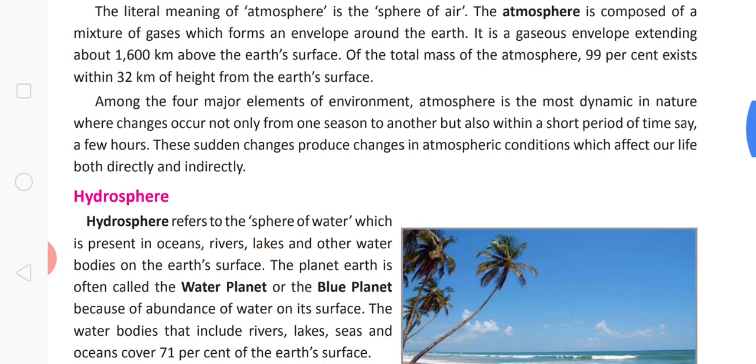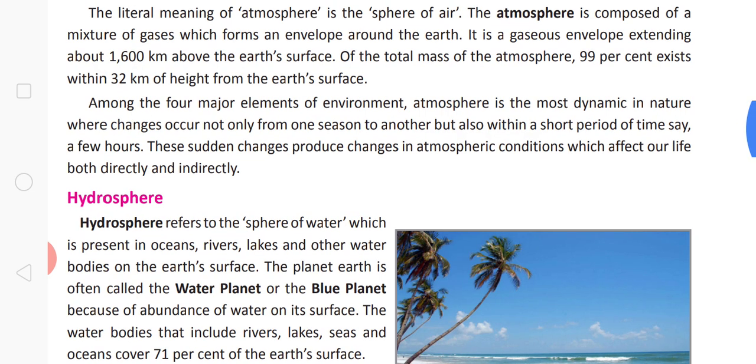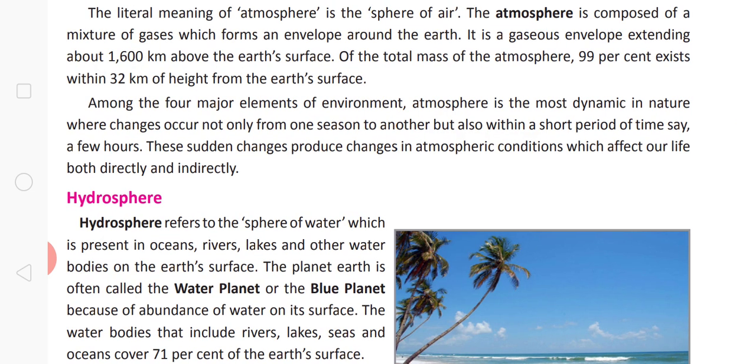Among the four major elements of environment, atmosphere is the most dynamic in nature, where changes occur not only from one season to another, but also within a short period of time, say a few hours. These sudden changes produce changes in the atmospheric conditions which affect our life both directly and indirectly.